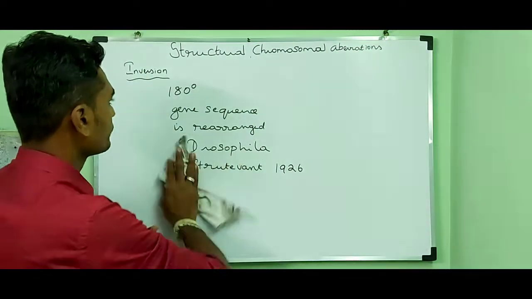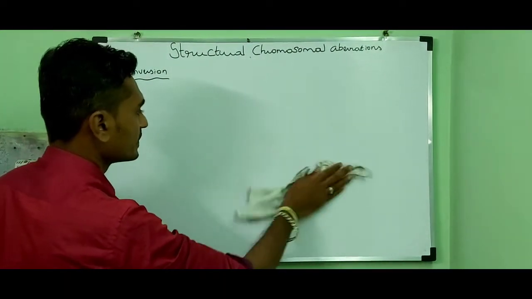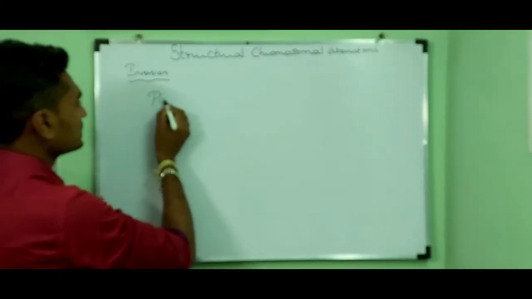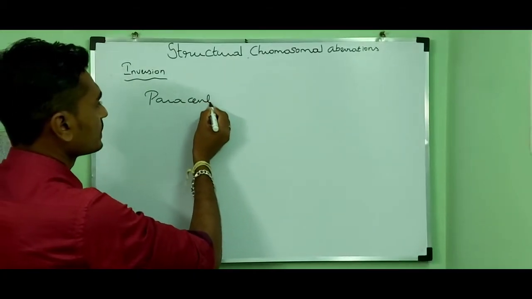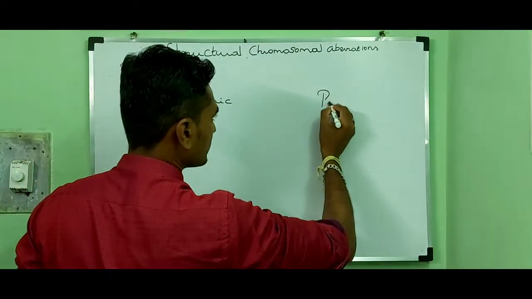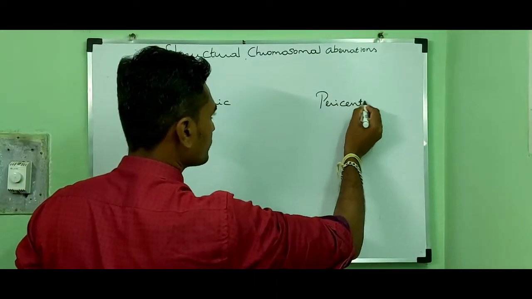They are paracentric inversion and the second type is pericentric inversion.